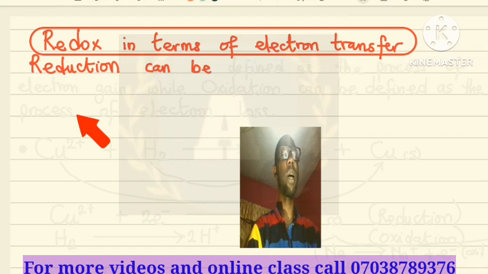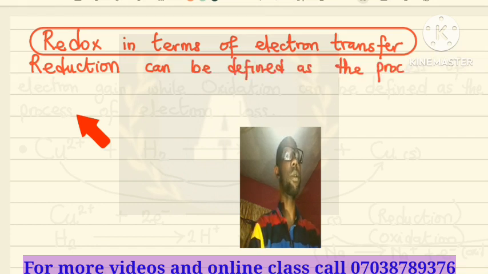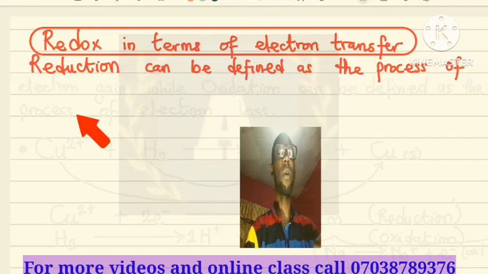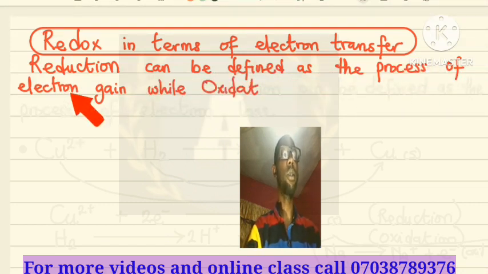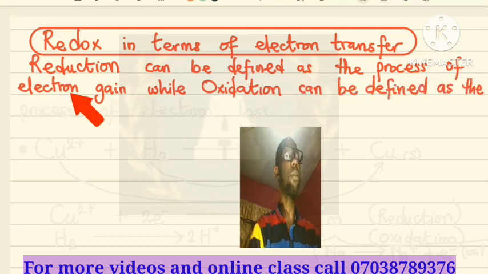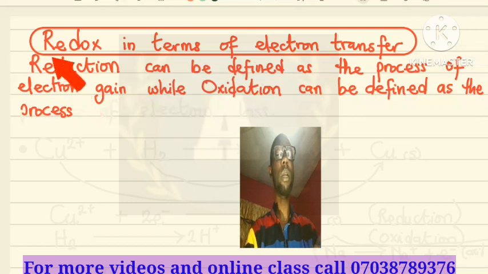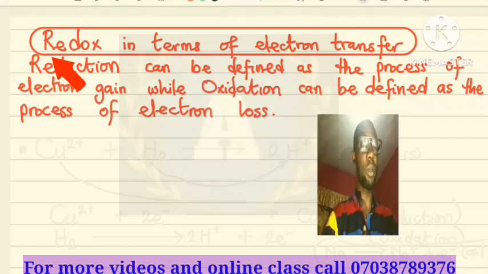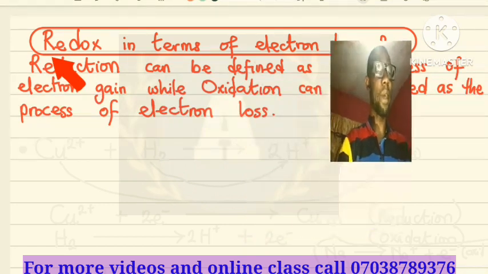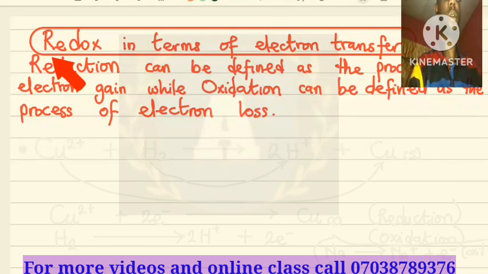Reduction can be defined as the process of electron gain, while oxidation can be defined as the process of electron loss. The loss of electron is oxidation, while the gain of electron is reduction.